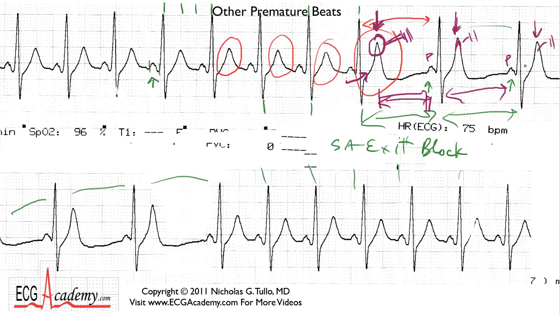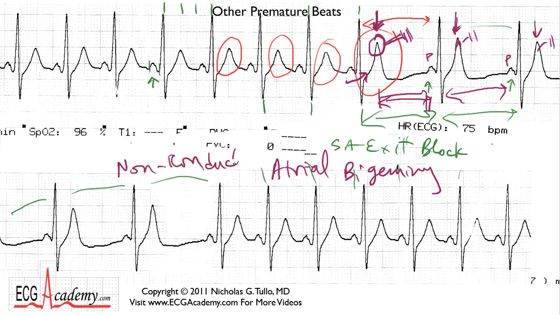Well, every other beat is premature, so it's definitely bigeminy, and it's atrial bigeminy, but these atrial bigeminal premature beats are non-conducted or blocked. And so it's a non-conducted atrial bigeminy, and it sets up this pattern of conduction and block and conduction and block.